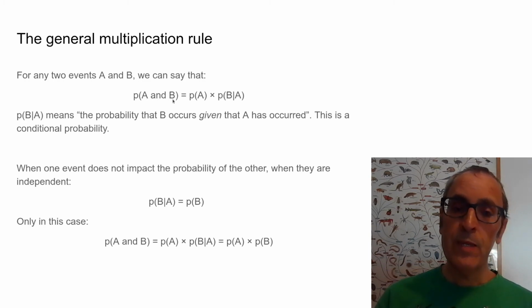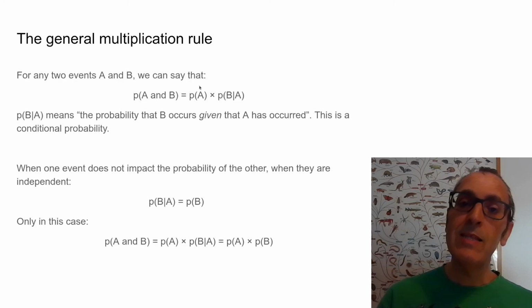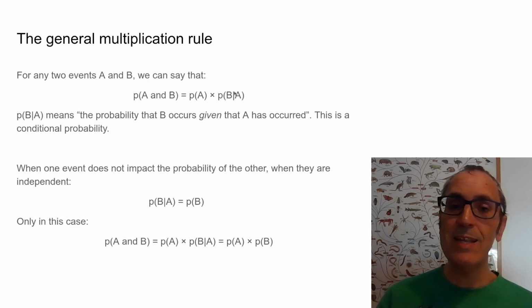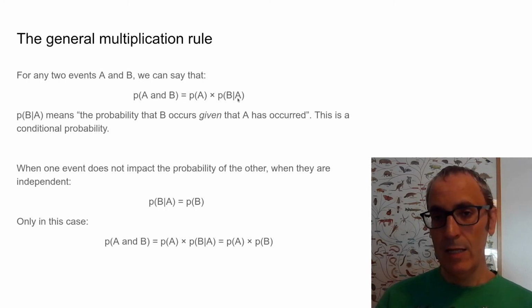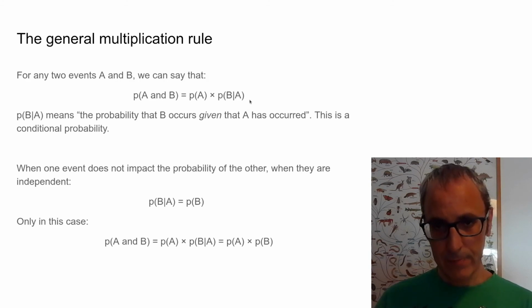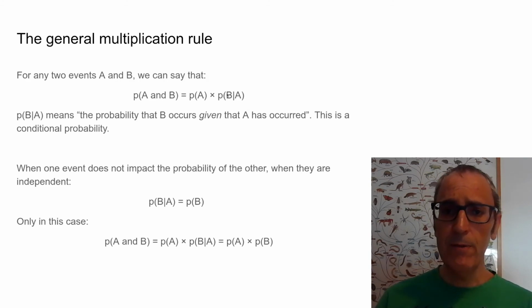Then you have to multiply the probability of the first event by the probability of the second event given the first event. This is a conditional probability: the probability of B happening given that we know that A has happened.